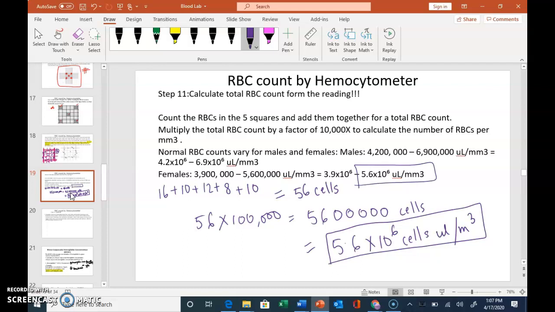Now, the RBC count varies a little bit between males and females. Males have a little higher RBC count, 4.2 times 10 to the power 6 to 6.9 times 10 to the power 6. However, females have a slightly lower number. All right?